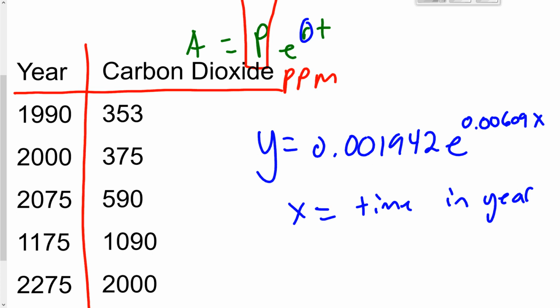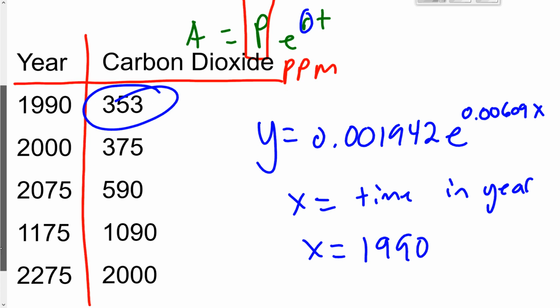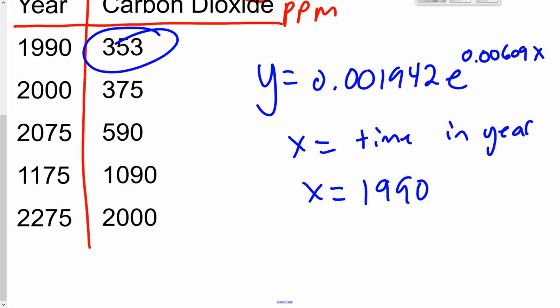For instance, if I plugged in x equals 1990, then I would get 353. So by using this model, can we figure out what the carbon dioxide levels will be in the year 2015?